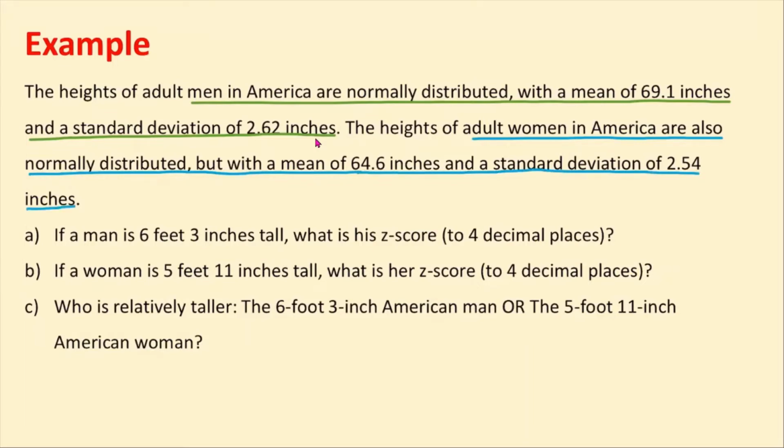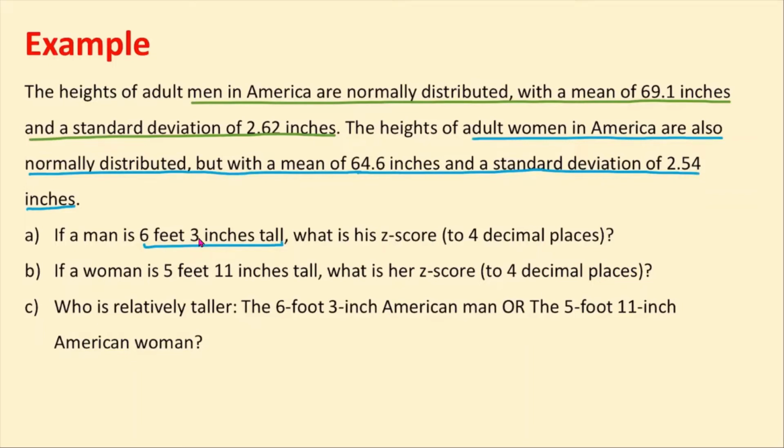What we're asked to do is, if a man 6 feet 3 inches tall, when we say 6 feet, in 1 foot we have 12 inches. So 6 times 12 is 72 plus 3, that is 75 inches.